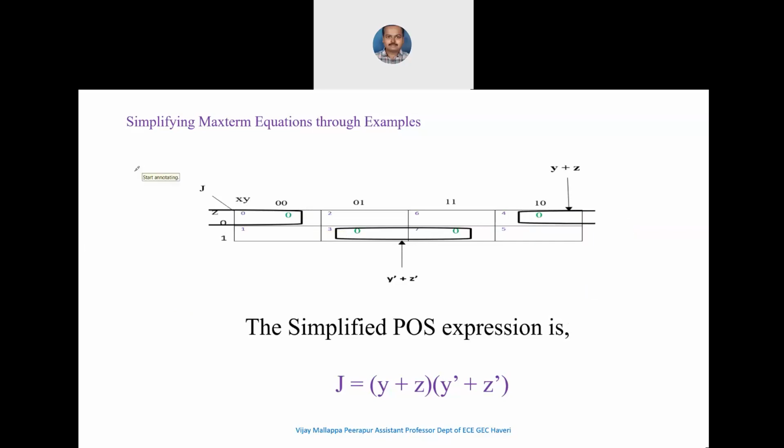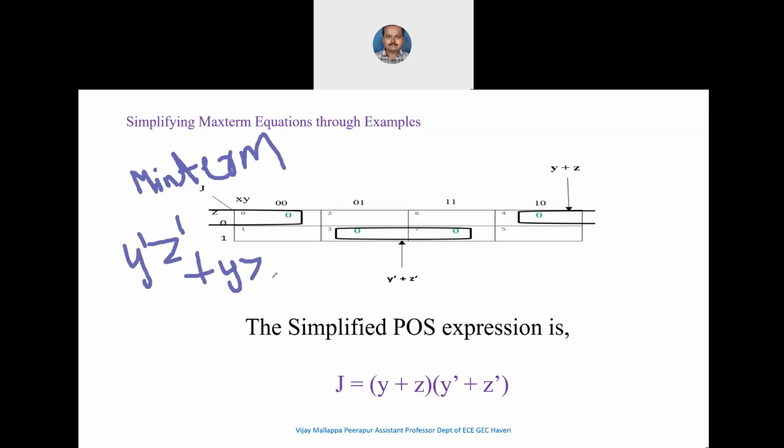If you are unable to come up with the max term, group like the min term only. We used to write 00 and 10. What we have is 0 y, so how do you write the min term then? y bar z bar, or y and z. This is a simplified expression in SOP form.